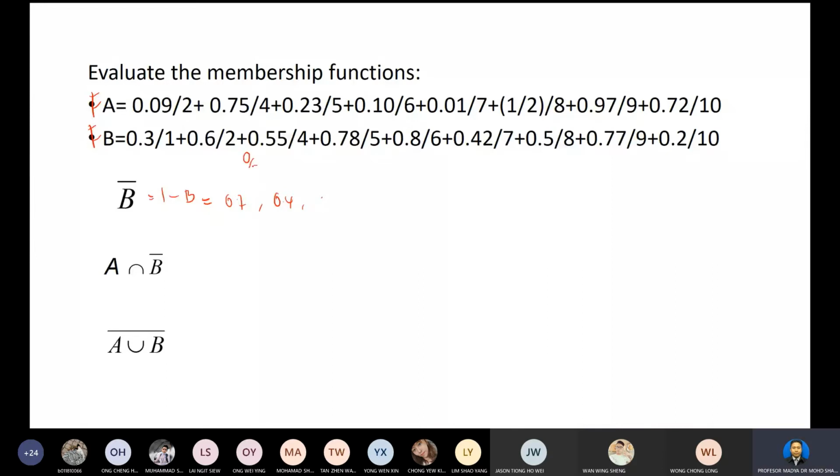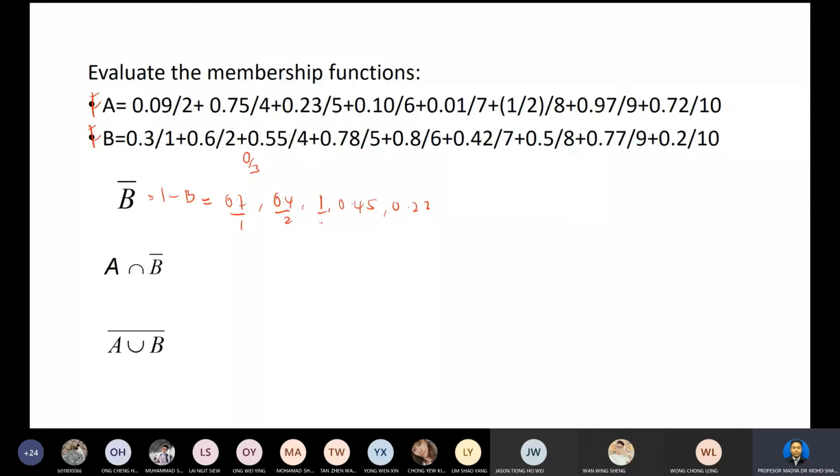So if you want 1 minus 0, it will be 1. Then 0.45, 0.22, and so on. So this is sequence number 1, sequence number 2, sequence number 3, sequence number 4, sequence number 5.